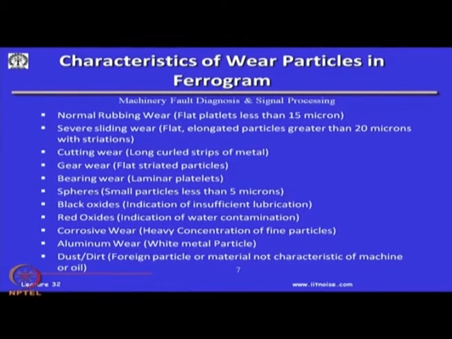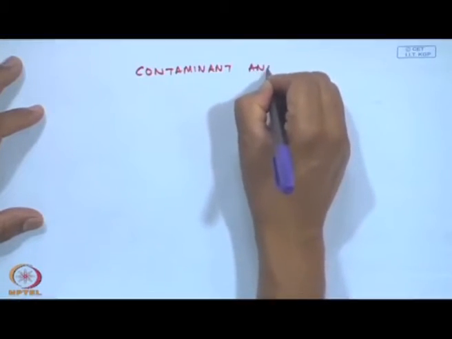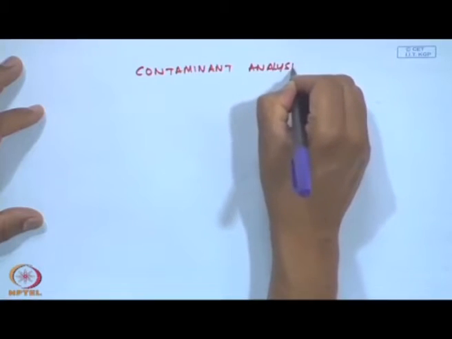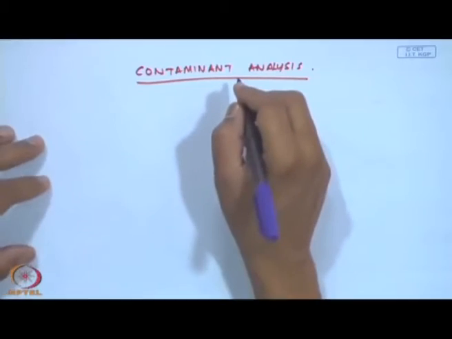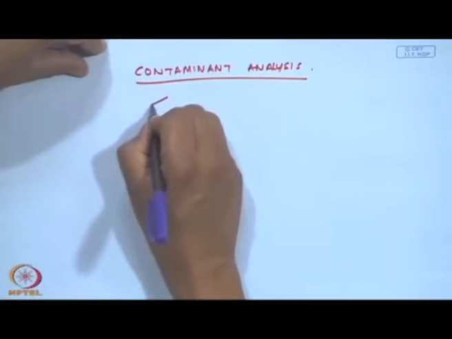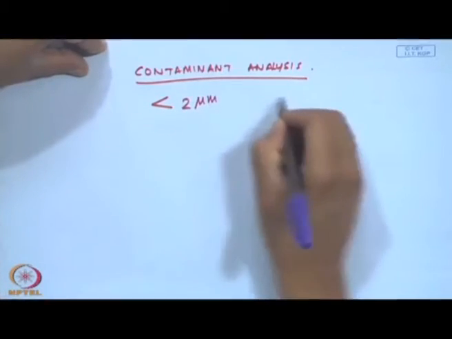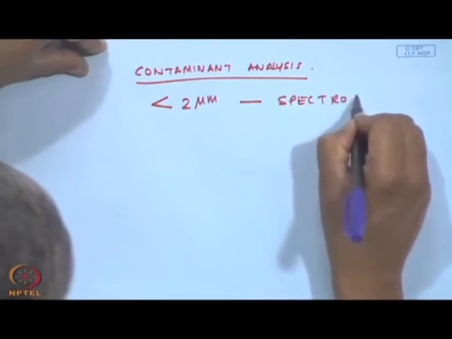So, what we do basically, there is a technique. Now, if you look at this contaminant analysis, depending on the size of the particles, we can have different modes of investigation. If the particle size is less than 2 microns, I will use what is known as spectroscopy.